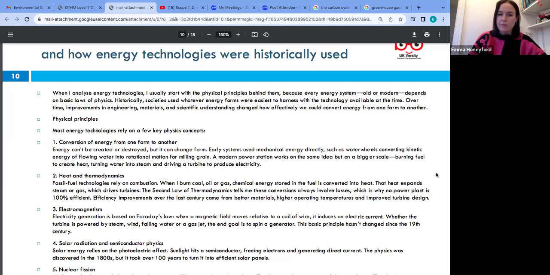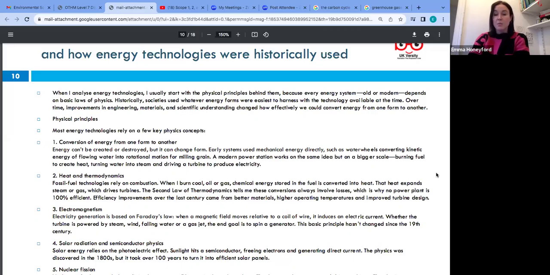So the physical principles. Most energy technologies have a common physics behind them: the conversion of energy from one form to another. Energy cannot be created or destroyed, but it can change form. Early systems used mechanical energy directly, such as water wheels converting kinetic energy of flowing water into rotational motion for milling grain.